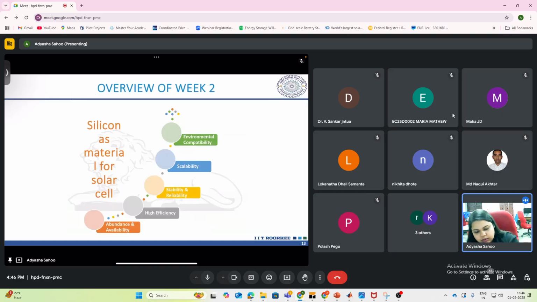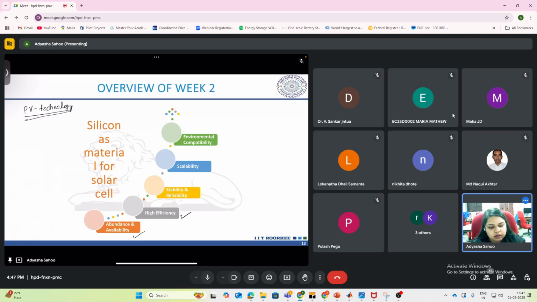Next, we discuss PV technology, photovoltaic. We know that the main material that we use for the PV is silicon. Why we have chosen this material is basically that it is abundantly available. It has higher efficiency compared to other materials in converting the energy from sun to electricity.